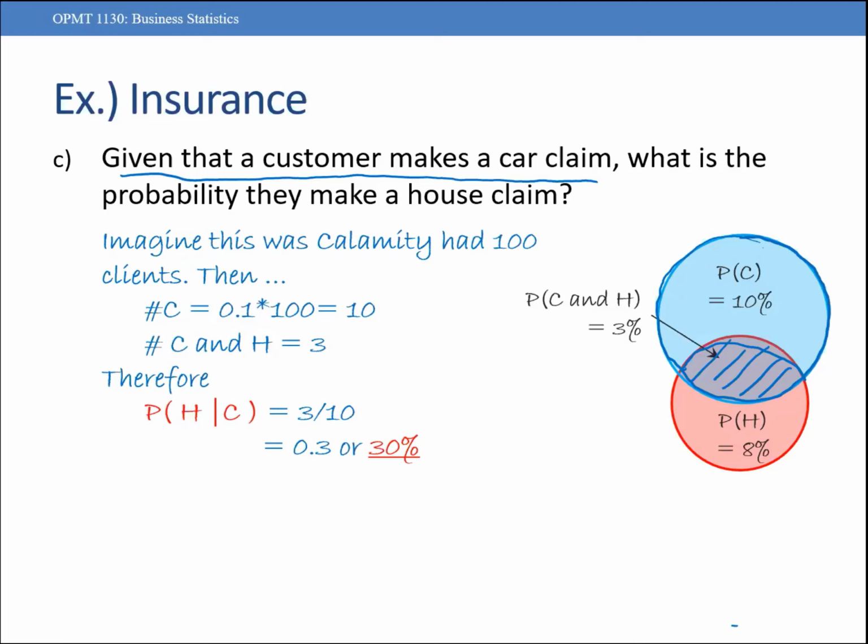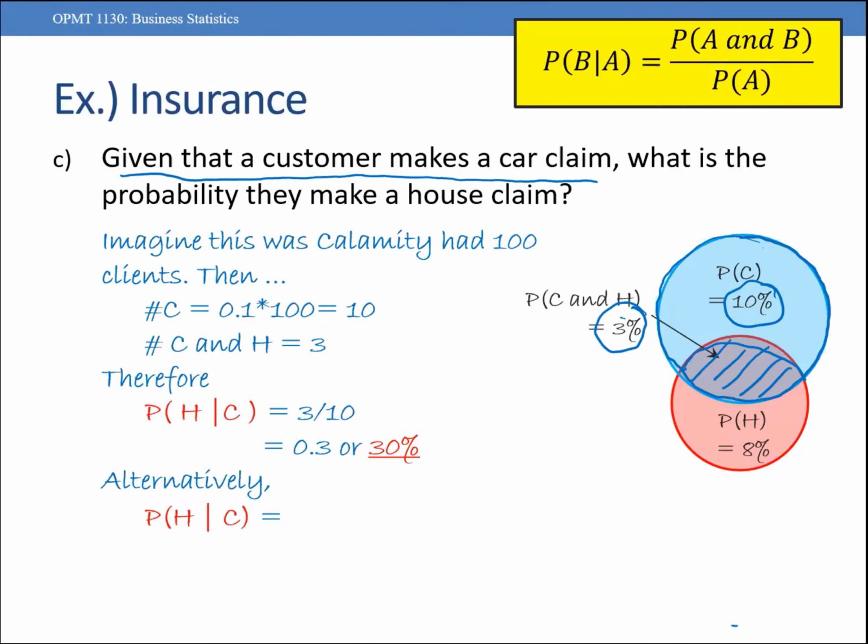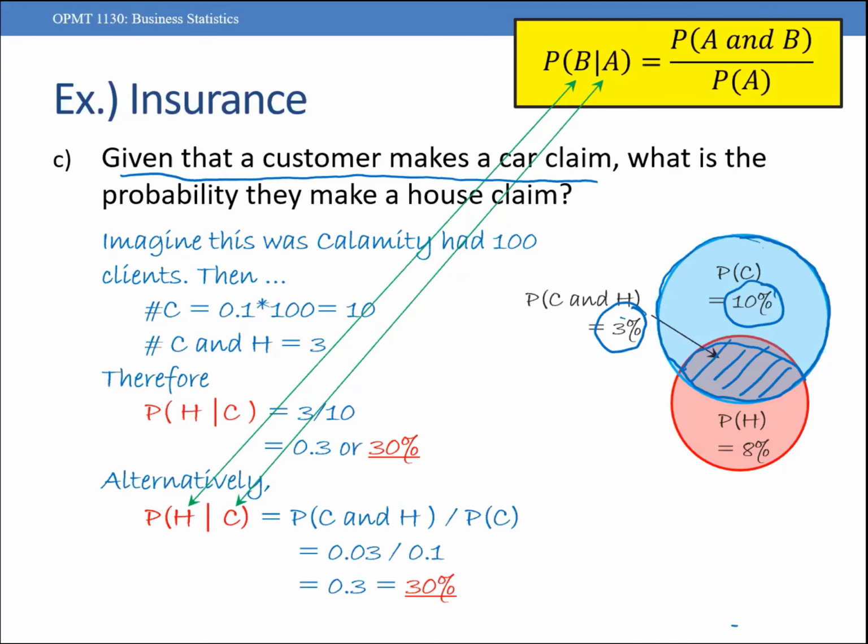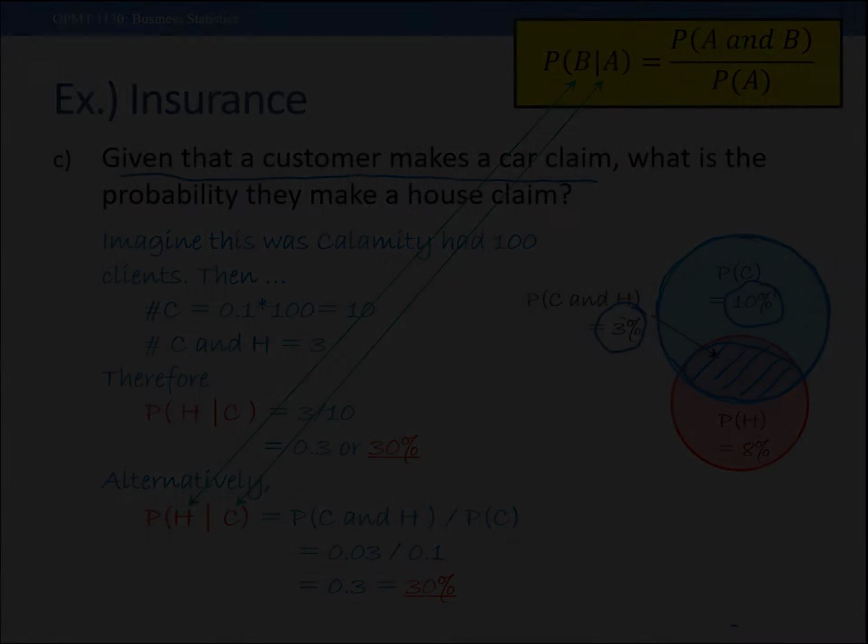I could just take this 3% and divide it by the 10%, and I'll get the same results. Now I can just go to the formula as well, noting that house claim would be the B in the formula and car claim would be the A in the formula. And I would just plug everything in accordingly and I'd still get 30%. So if you prefer the formula, that's okay too.